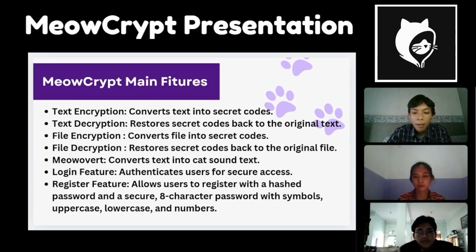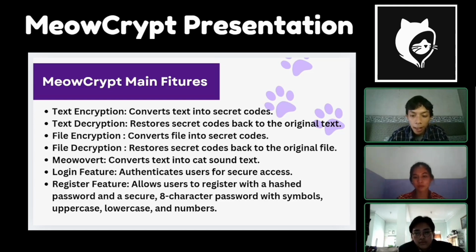MealCrib has quite a lot of main features, and first is text encryption: convert text into secret codes. We are using Fernet on this method. And this is decryption, which reverts the secret codes back to original text.